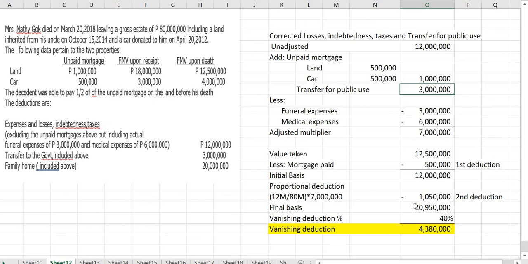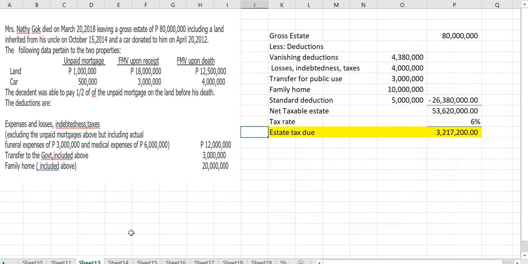So, the rate is 40% because it is more than 3 years, so 40%. So, the vanishing deduction is 4,380,000. Okay?